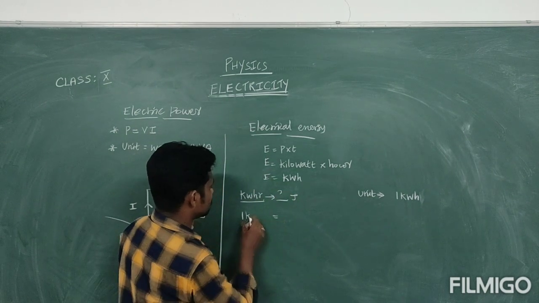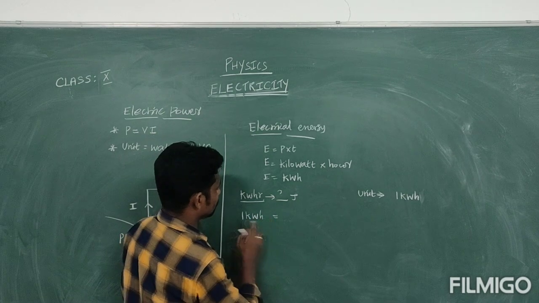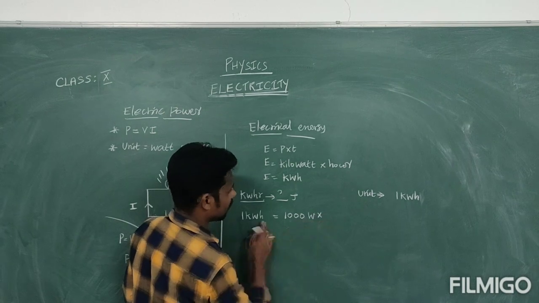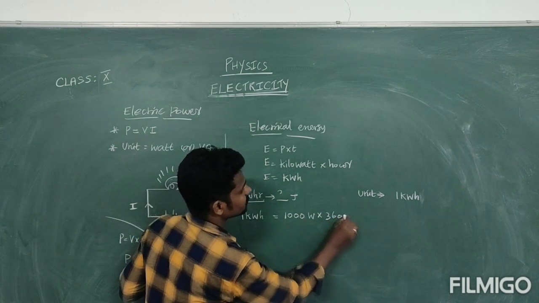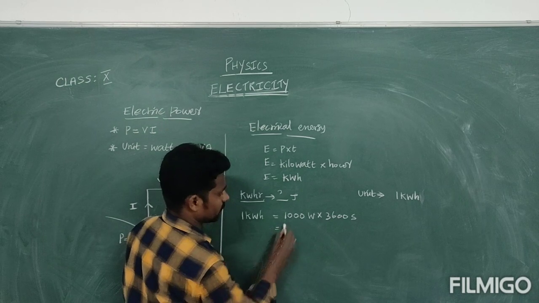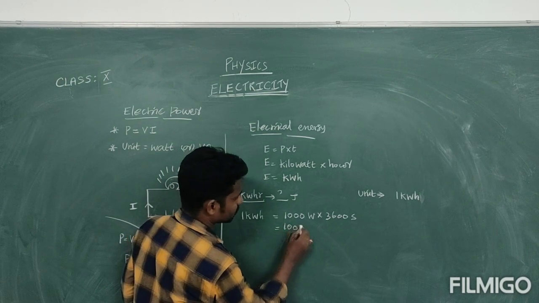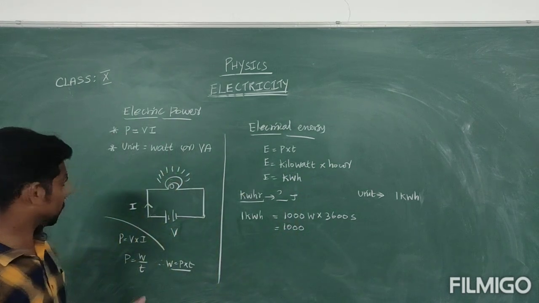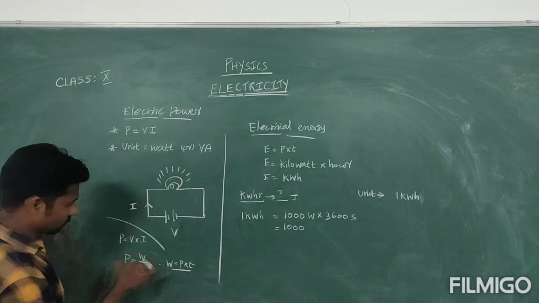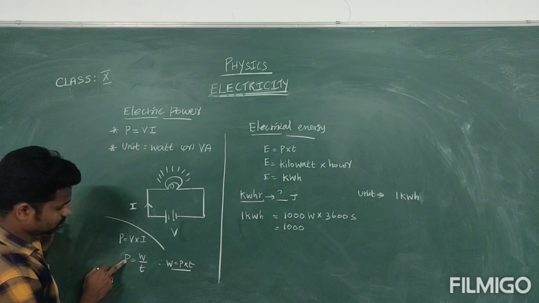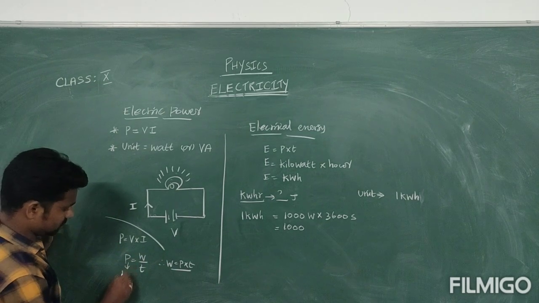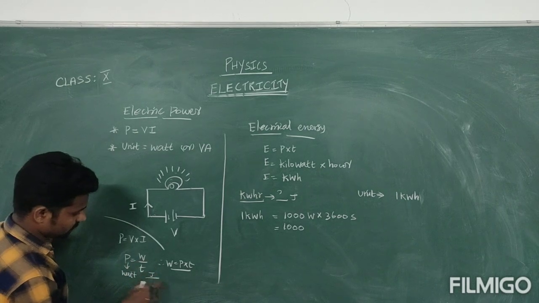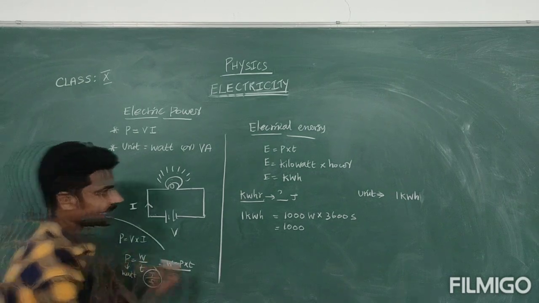See, 1 kilowatt hour. 1 kilowatt is nothing but 1000 watt into hour, and an hour is 3600 seconds. The power unit is watt, work done unit is joule, divided by time unit second.